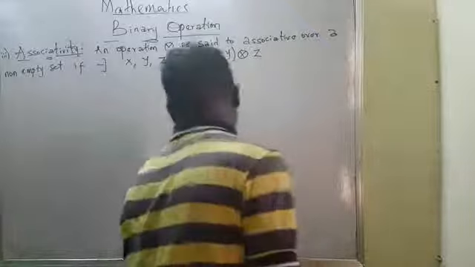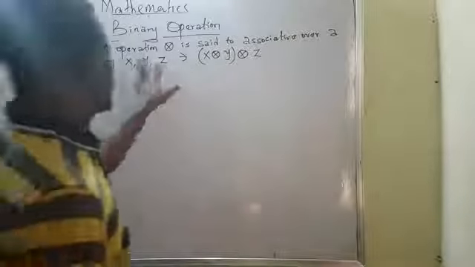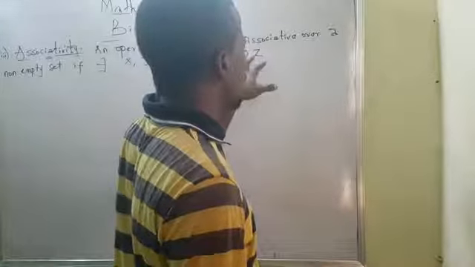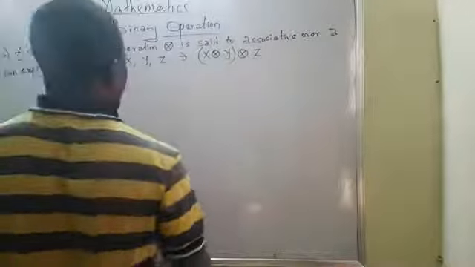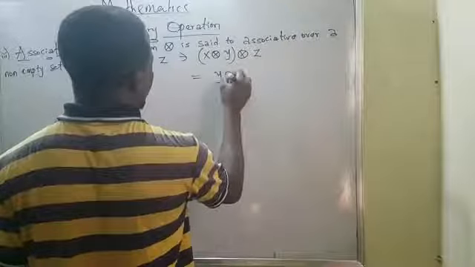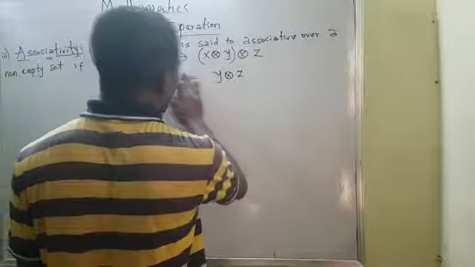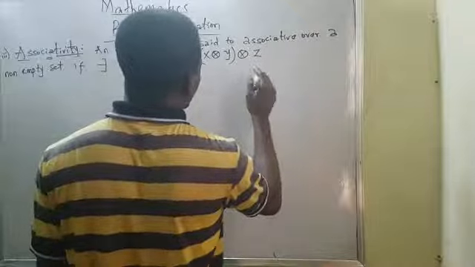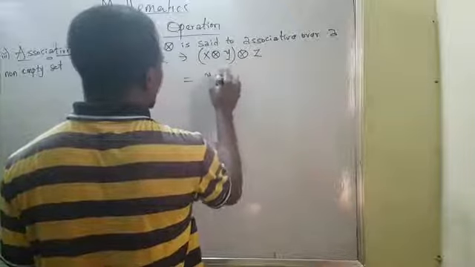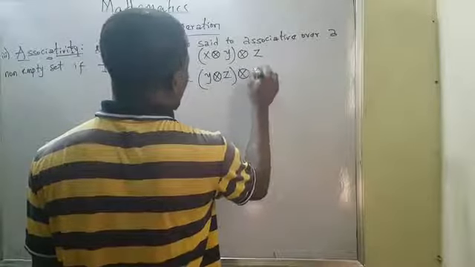So if you have this, you have x, y, z, so that x operating y, close the bracket, operating z is equal to x operating the bracket of y operating z.